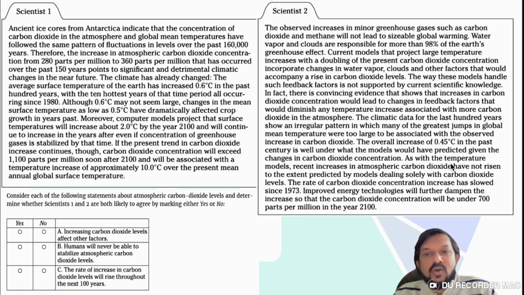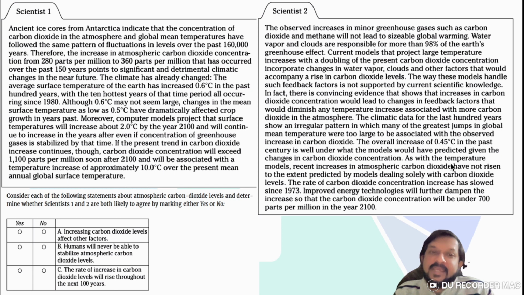Okay, so I hope you have given yourself approximately 1.5-2 minutes to read through and have made notes. If you have read it well, fundamentally scientist 1 and 2 are talking about the same carbon dioxide emission and how it is impacting the weather, the habitation and all the other factors, but they have different viewpoints.